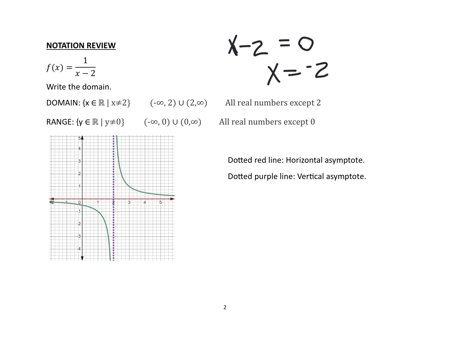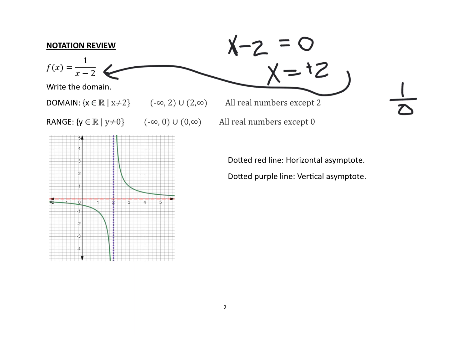And this means if I plug in positive 2 here, I'll be dividing by 0, and 1 over 0 is undefined. So in writing the domain, it can be any real number except 2. So this is the notation. x, this symbol here, belongs to the set of real numbers.